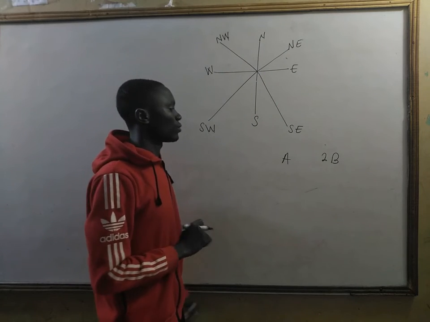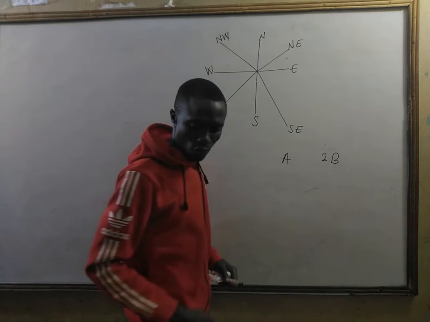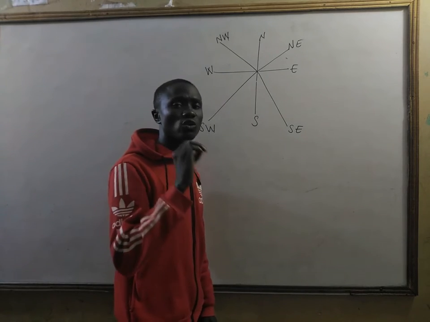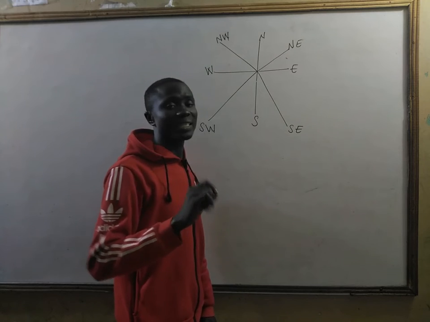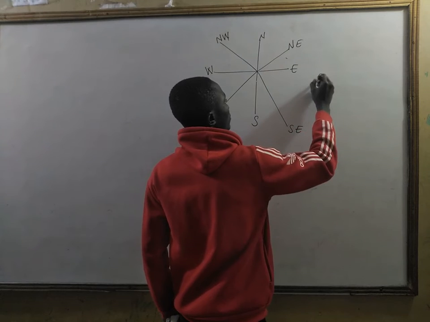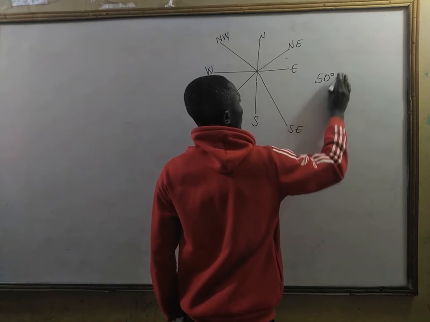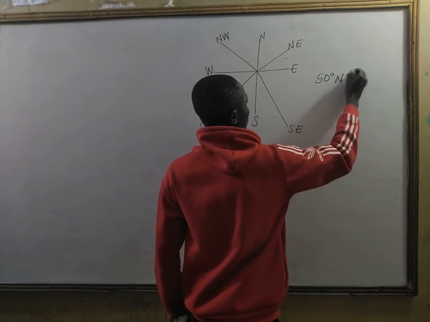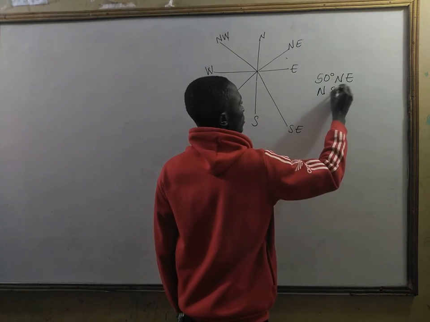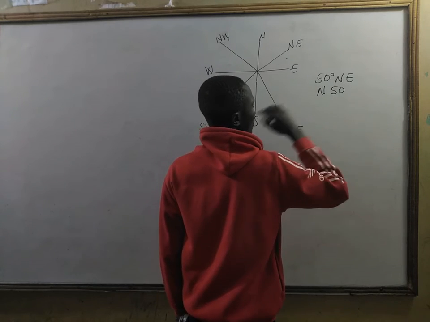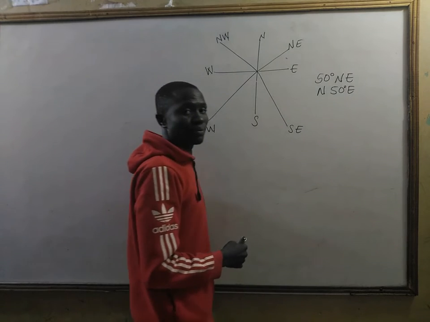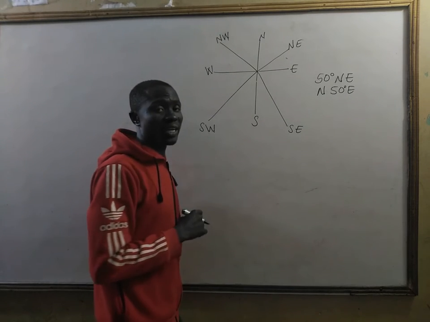Now, the compass bearing, I've already said that it is based on the north and the south. So let's look at this one. If I have 50 degrees northeast, how do we write it? How do we draw the diagram for this?